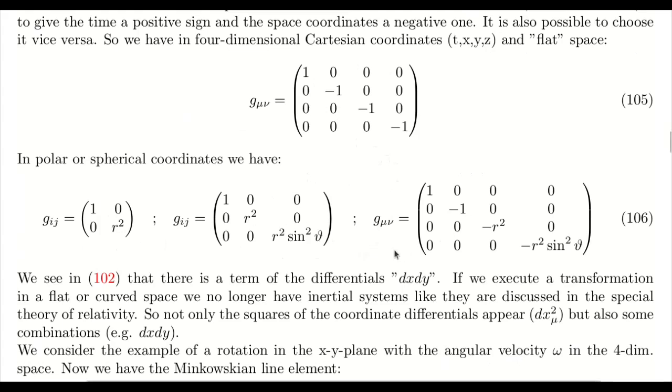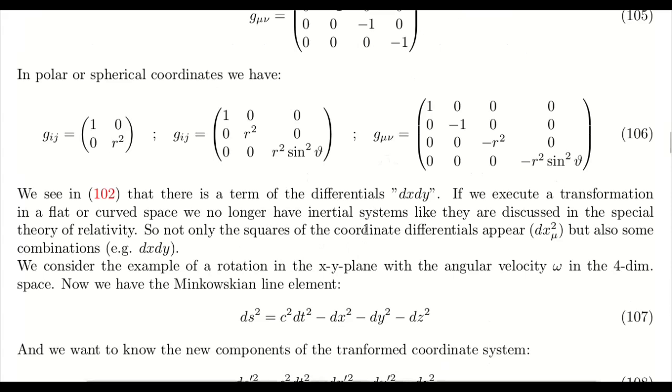And now in the four-dimensional flat space in spherical coordinates, we would have this here. The time coordinate, the first one, is positive. And the space components, which we have in the three-dimensional space as positive, now are negative.